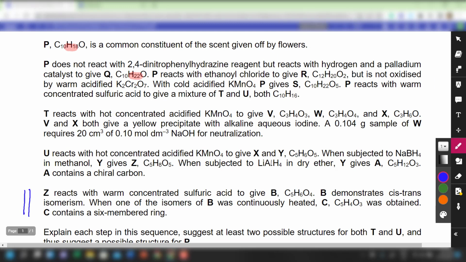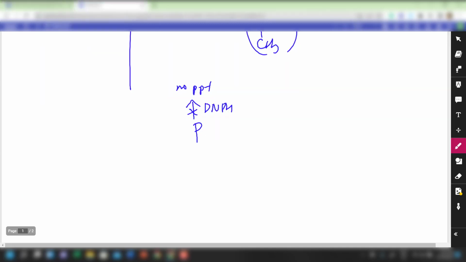That means that potentially P contains 2 C=C double bonds. I can say for sure it is C=C double bonds in this case because the earlier clue tells us that it does not react with 2,4-dinitrophenylhydrazine. So that's why I can say for sure that it contains 2 C=C double bonds.